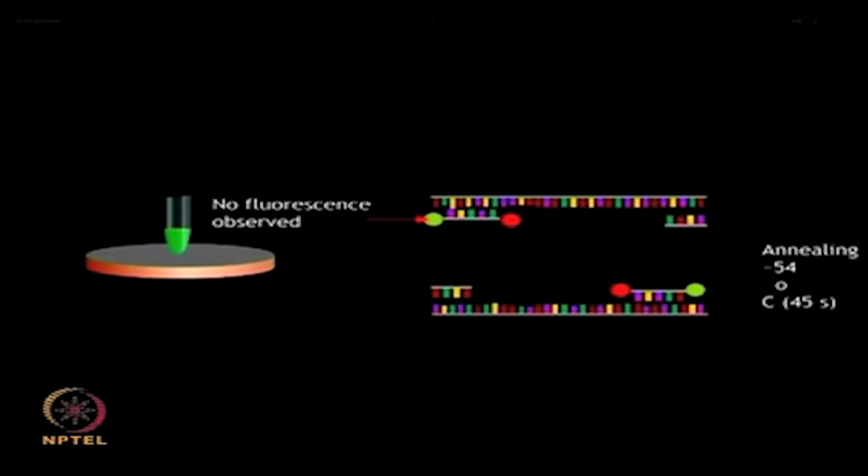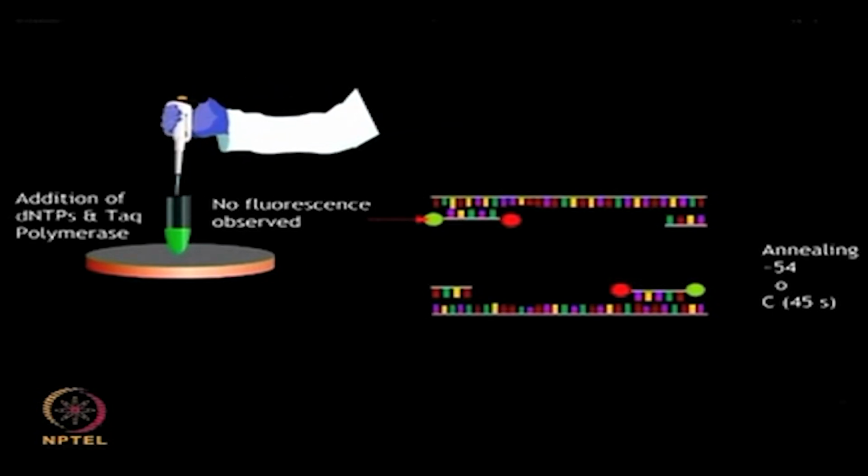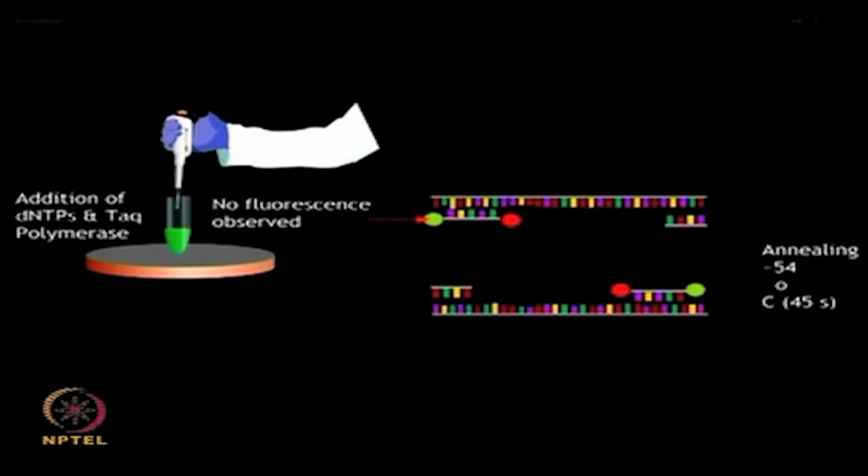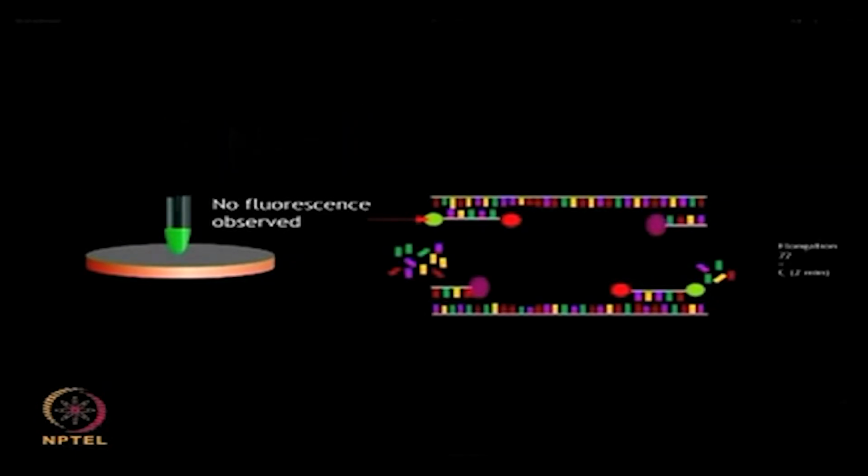Once these have annealed to the template DNA strands at 54 degrees centigrade, Taq polymerase and nucleotides are added, and temperature is again increased to 72 degrees to carry out strand elongation.